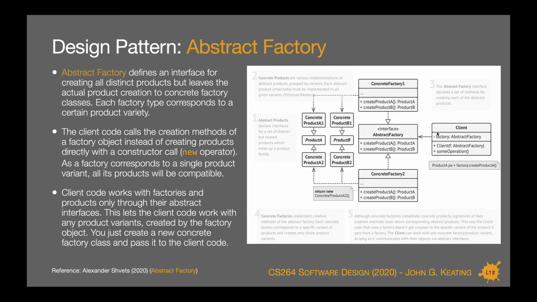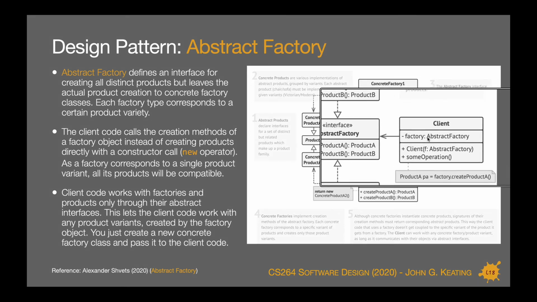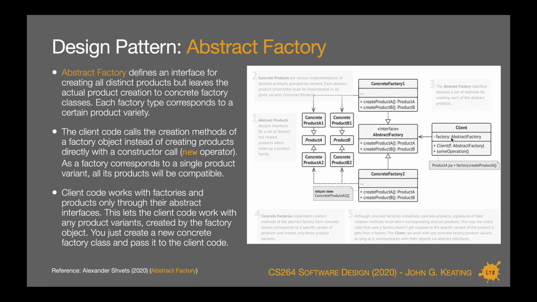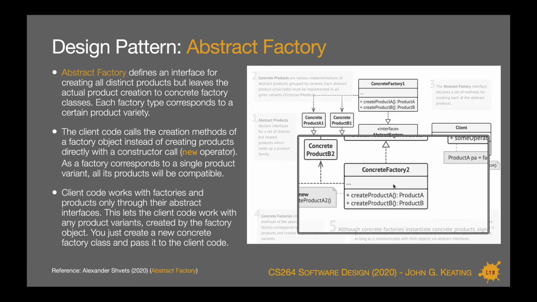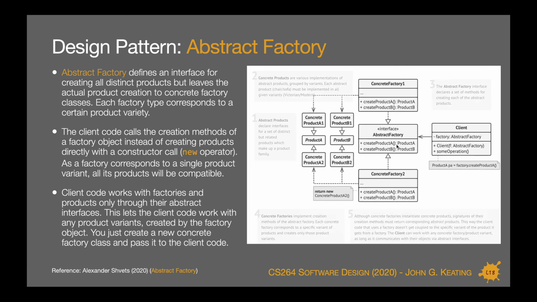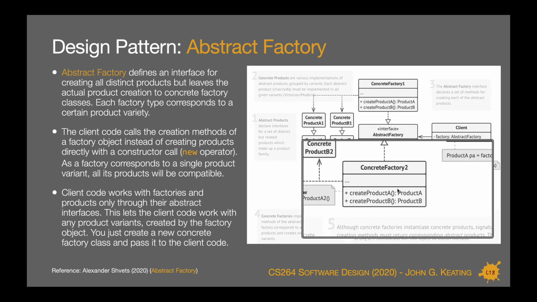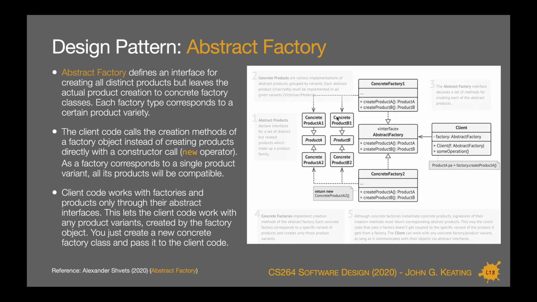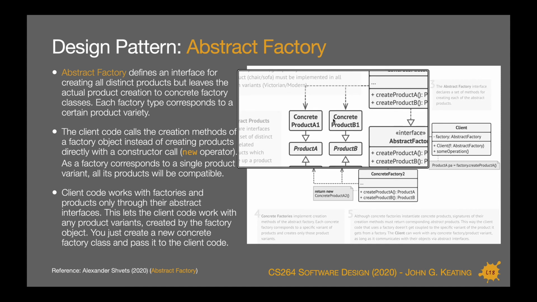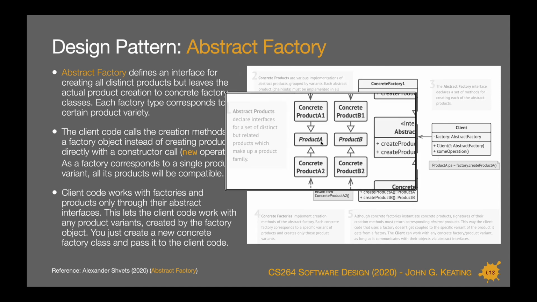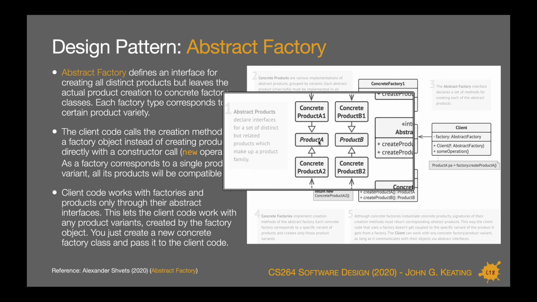Here we have a client again, that has an abstract factory, and you can see it's an interface, and we use this interface to have a concrete factory 1 and a concrete factory 2, and each of these can create two different kinds of products, product A and product B, and then they will produce concrete products, which are all inherited from product B here, which is an interface or an abstract class.